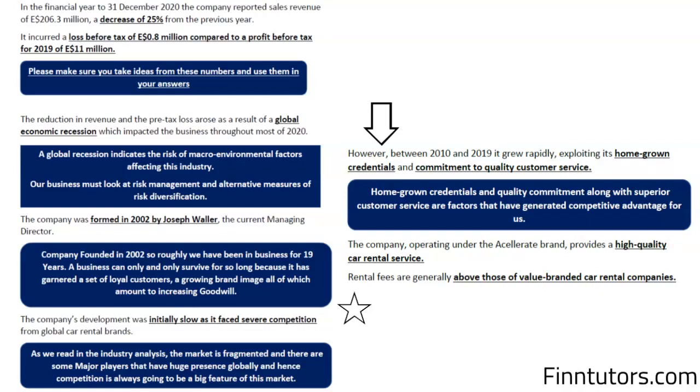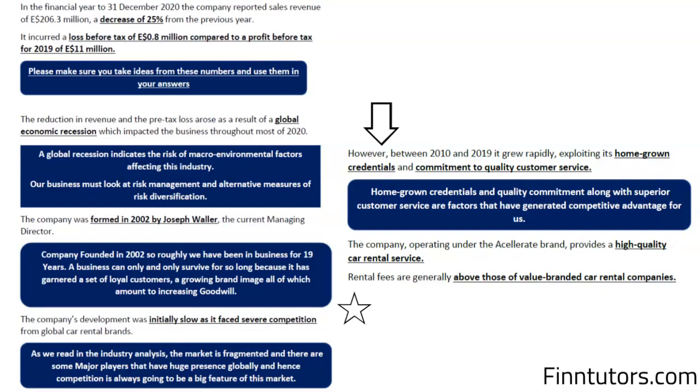So over here they are clearly telling us that this downturn was because of an economic recession. They've not told us the reason for this economic recession. We work with the information that they've given us. They've told us that this particular downturn was specifically because of an economic recession. So keep this in mind.